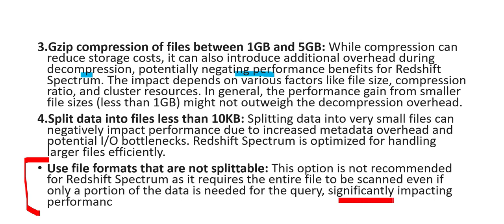It will impact the performance negatively because you are so adamant that I just want one file, read everything, even if you want 5 rows from it, read all a million rows. Guys, we cannot be so stupid, we cannot be.